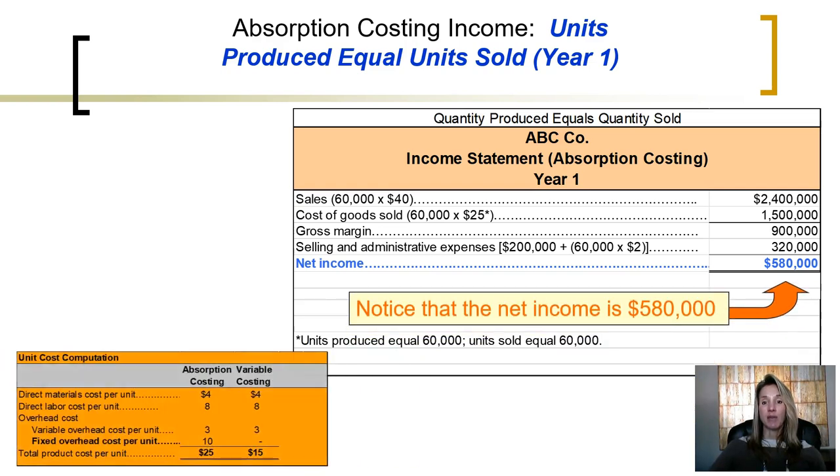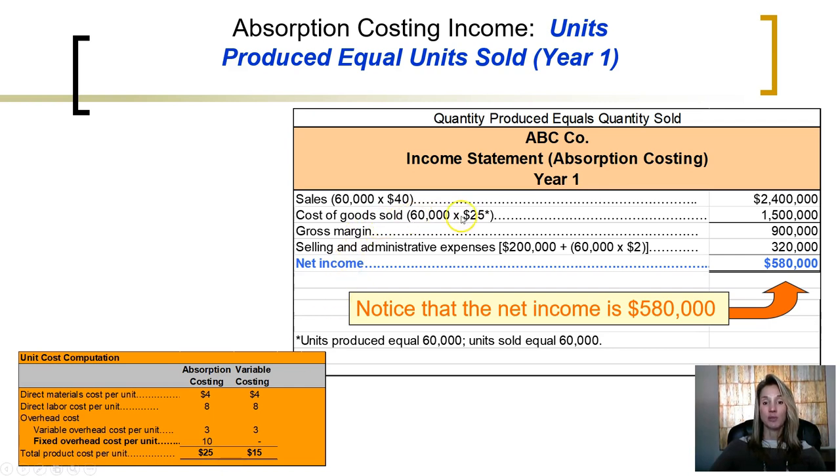Looking at the income statement that would be reported externally, total sales would be 60,000 units times the unit selling price of $40, or $2.4 million. Cost of goods sold under absorption costing: recall that under absorption costing, the product cost includes all costs, both variable and fixed.